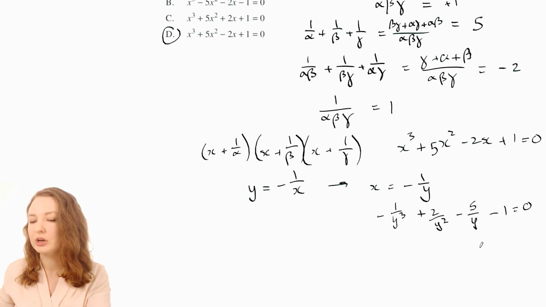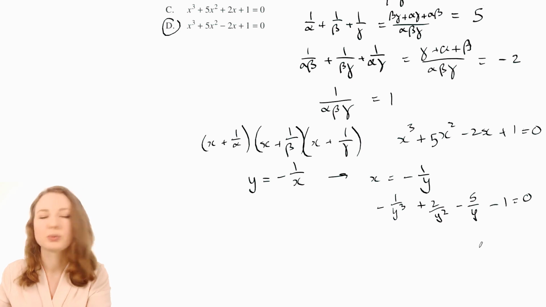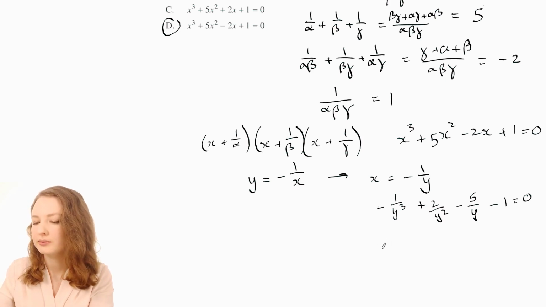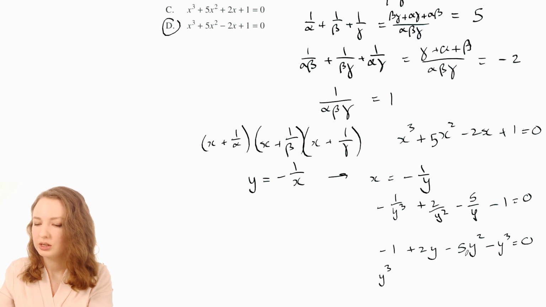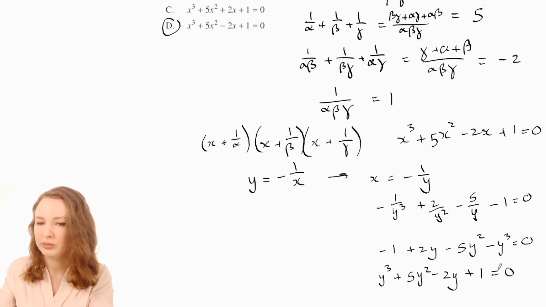And then we want to turn this into a normal cubic, so we can just multiply both sides of the equation by y cubed. -1 plus 2y minus 5y squared minus y cubed equals 0. And then we want to make that coefficient 1, so let's multiply everything by -1 and change the order around. So we're going to get a positive y cubed, positive 5y squared, -2y, and positive 1 equals 0. So that's D as well, if you do it in terms of x rather than y.